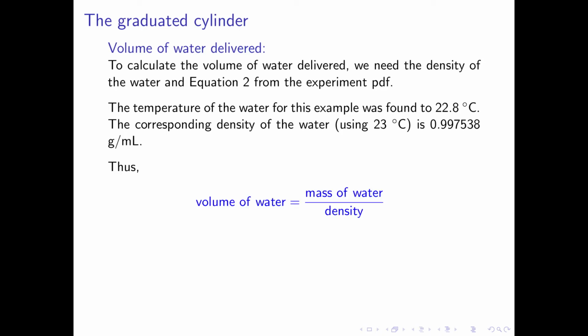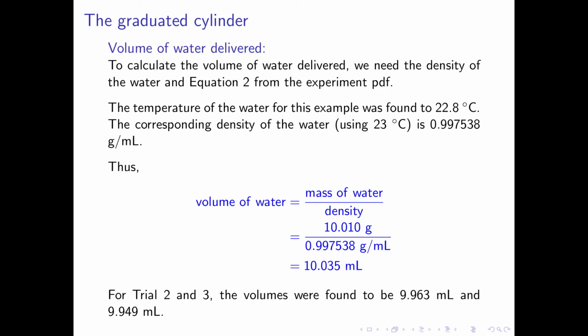Thus, the volume of the water is equal to the mass of the water divided by the density, or 10.010 grams divided by 0.997538 grams per milliliter, which gives for trial 1 a volume of 10.035 milliliters. For trial 2 and 3, the volumes were found to be 9.963 milliliters and 9.949 milliliters.